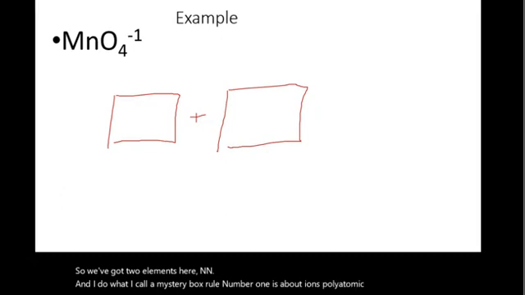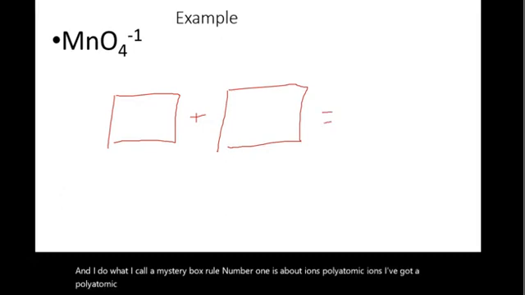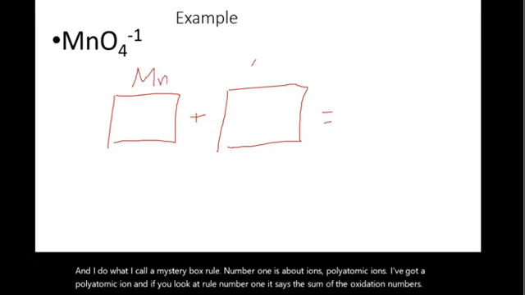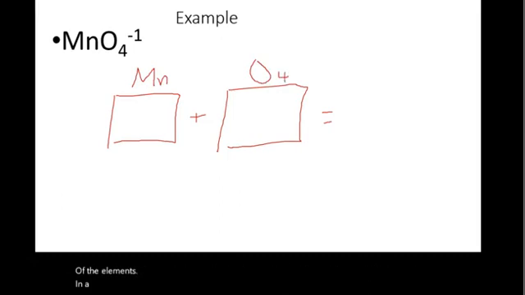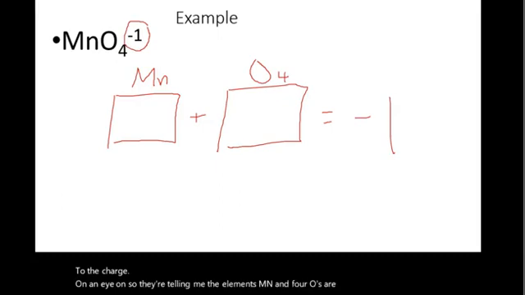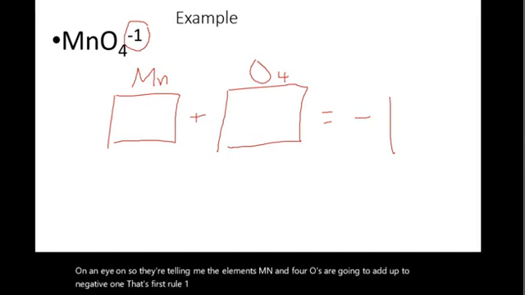I've got a polyatomic ion, and if you look at rule number 1, it says the sum of the oxidation numbers of the elements in a polyatomic ion add up to the charge on that ion. So they're telling me the elements Mn and 4 O's are going to add up to -1. That's first rule number 1, and you set that up first.